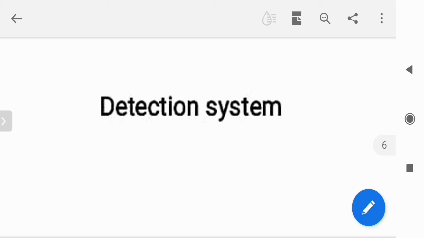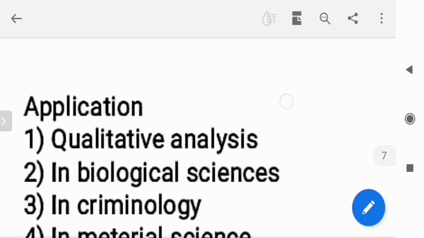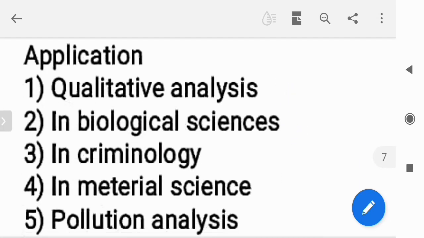The main part of this technique is the applications, because the technique is useful for a wide range of compounds. There are two types of application: qualitative and quantitative.